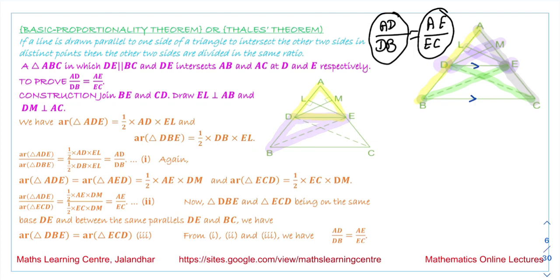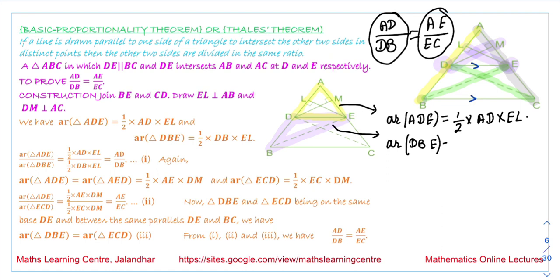If we write the formula for the area of both these triangles, the area of triangle ADE is equal to half, with base AD and height EL. The area of triangle DBE is equal to half, with base DB and height EL.